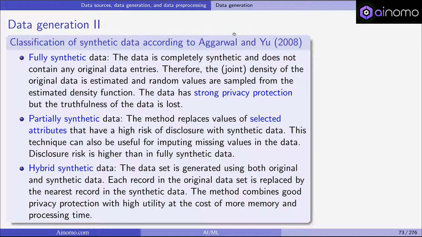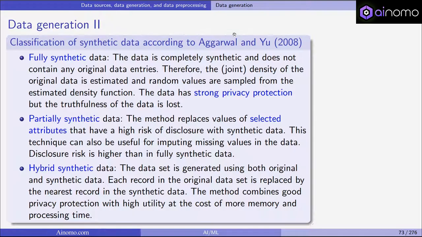Now, disclosure risk is higher than in fully synthetic data, because you might imagine that it is often possible to identify persons not just by their name, but also if you take, for example, age, gender, income, place of birth, date of birth, etc. So by combining different variables, you might still identify a person, so disclosure risk is higher than in the first case of fully synthetic data.